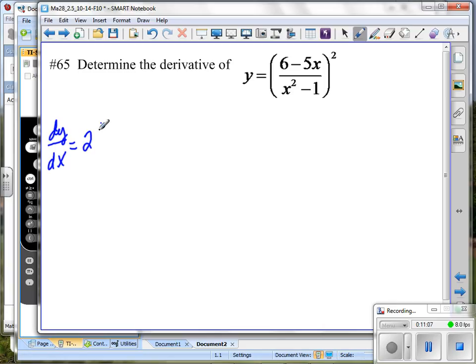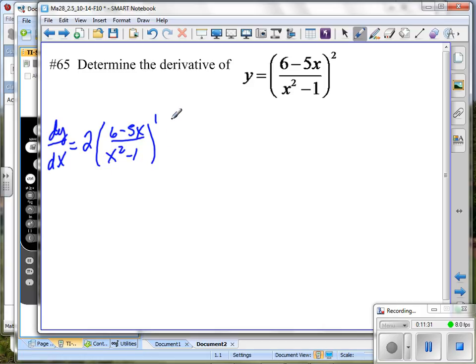Okay, so it'd be 2 times something to the first. Well, what is that something in here? Yeah, you got to write the whole thing out. So I'm going to give myself a little more room here. So it's 2 times 6 minus 5x divided by x squared minus 1. You can put a 1 up there if that helps remind you. But that's the outside function you just did.